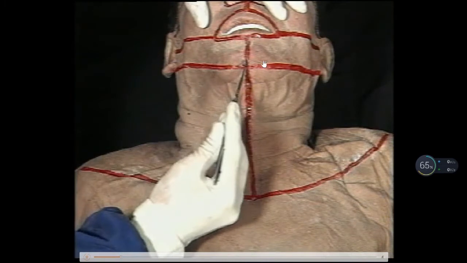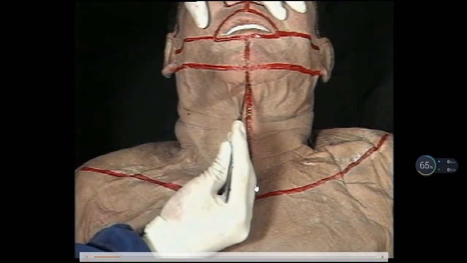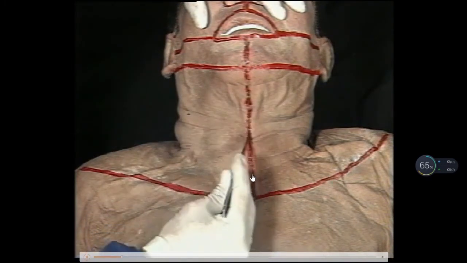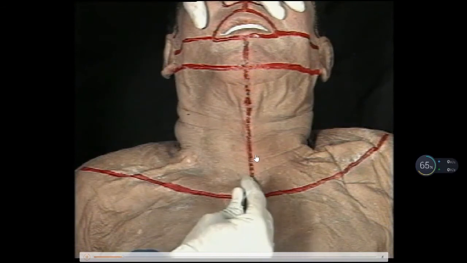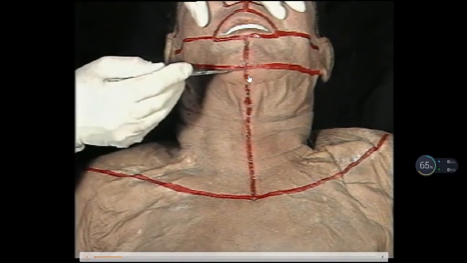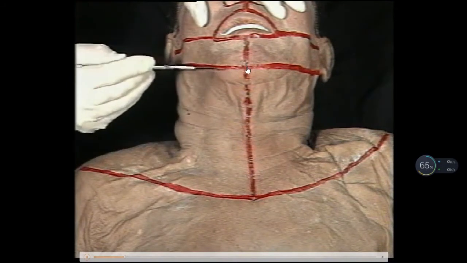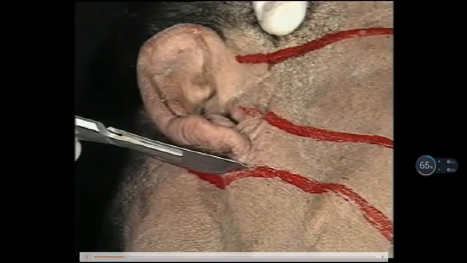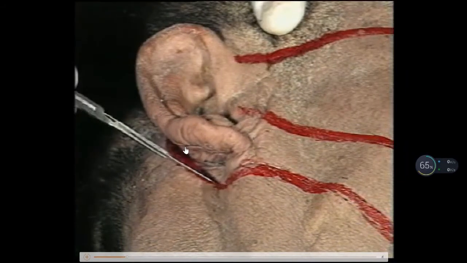First, along the median line of the neck, open the skin from the mentum to the upper border of the sternum. Then do a transverse incision along the base of the mandible to the mastoid process.